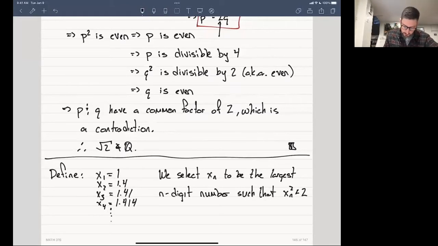For example, for x1, the largest one-digit number whose square is going to be less than 2, well, that'll be 1.